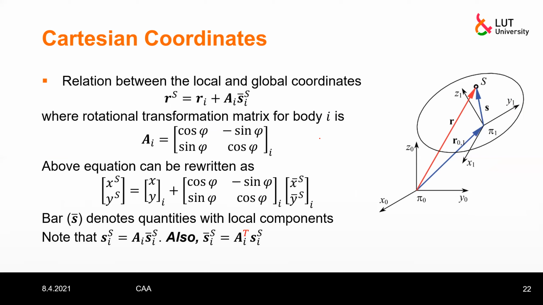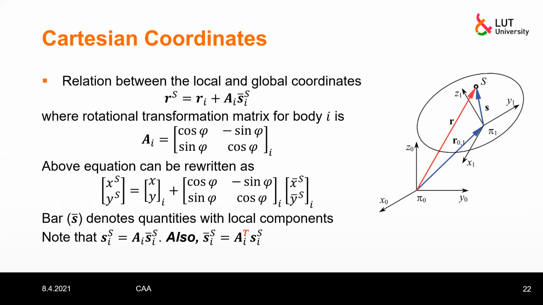And it's done with a transformation matrix, the rotational transformation matrix. Here we have the S vector. This is the position of point S with respect to this body, and the bar denotes that it is described using local components. Whether this is s with bar or without bar, it describes the same vector s.